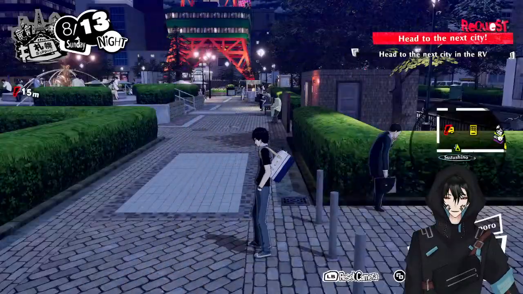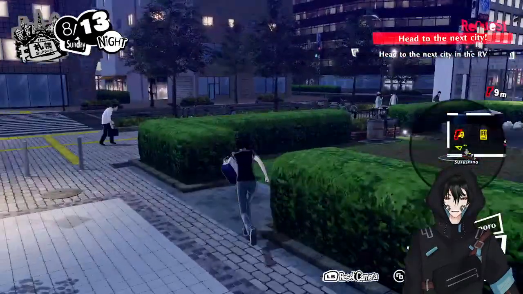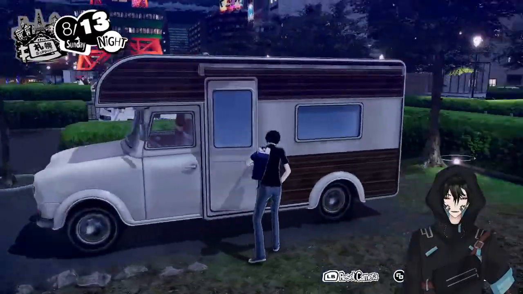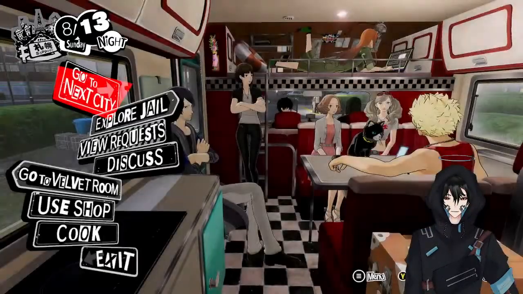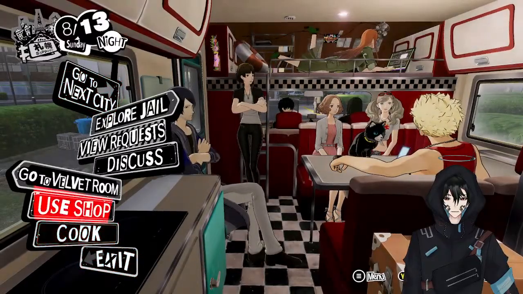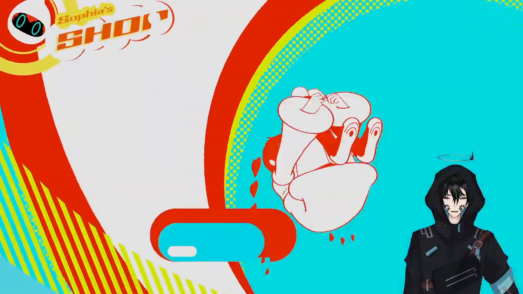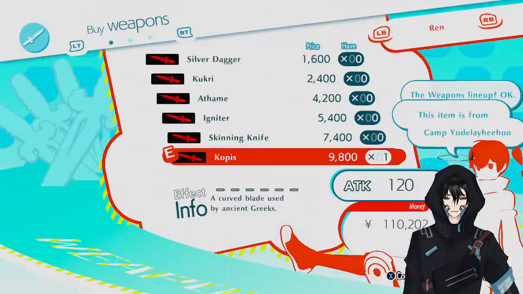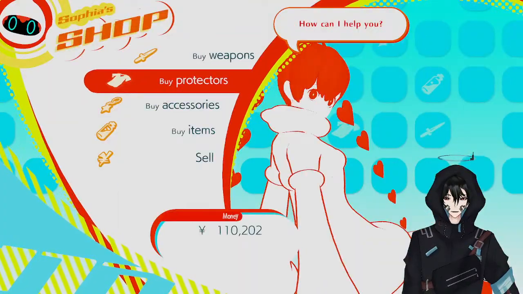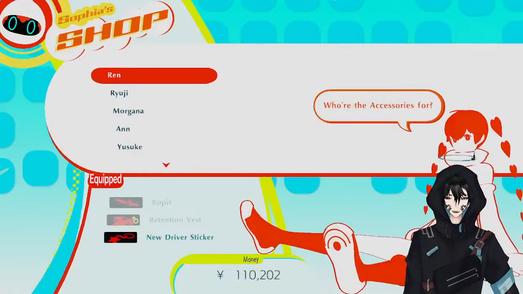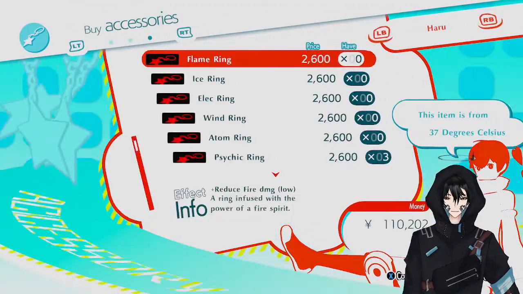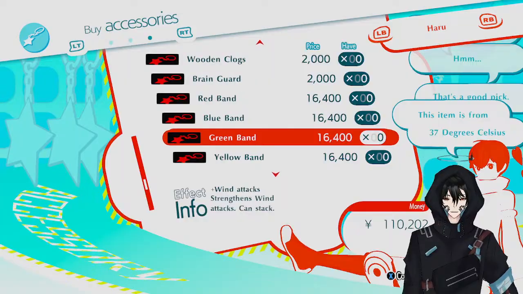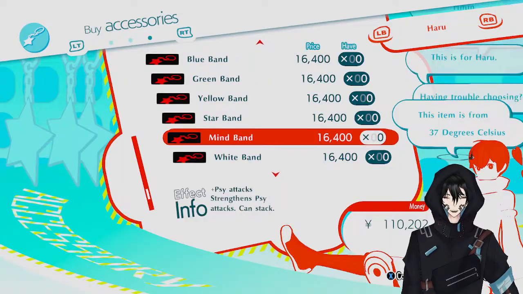Let's go to Odori Park. No new weapons. Actually, an accessory I wanna buy for Haru is reduce psych, no, plus high attack.